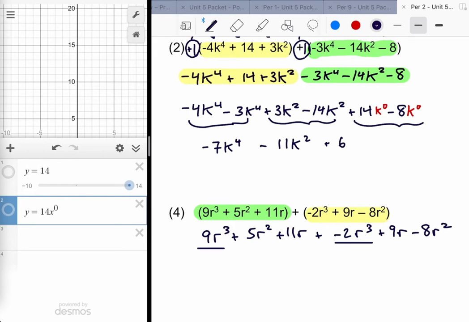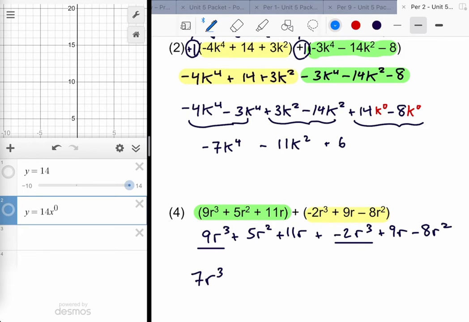So combine those like terms, you take those answers and just put it down in the next line, but in the order of the highest power to the lowest power, then you'll have what you need. So for example, in this case, 9r to the 3rd minus 2r to the 3rd would be 7r to the 3rd. I started with the power of 3 because that's the highest power.